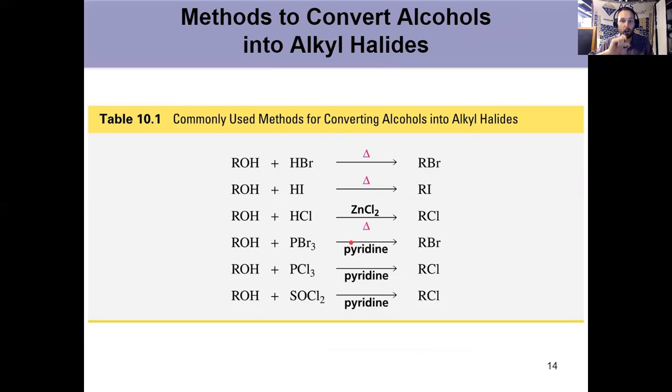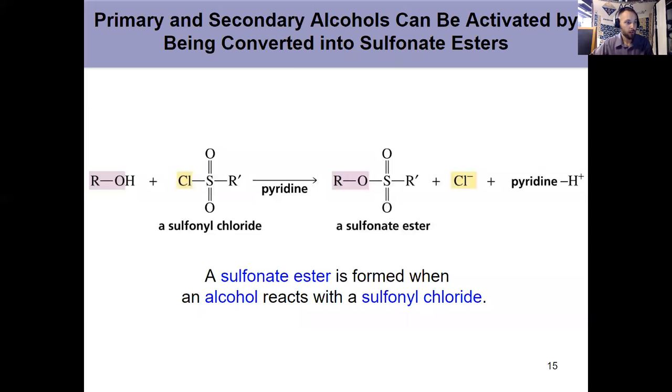Okay. We can also activate alcohols and get them to react further by converting them to what's called a sulfonate ester. A sulfonate ester is right here, and that is produced by taking an alcohol and reacting it with a sulfonyl chloride. Alcohol plus sulfonyl chloride produces sulfonate ester, with, again, pyridine as a solvent.